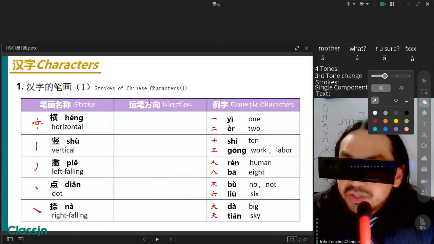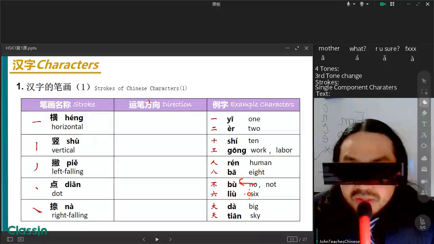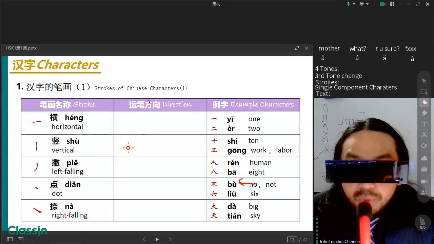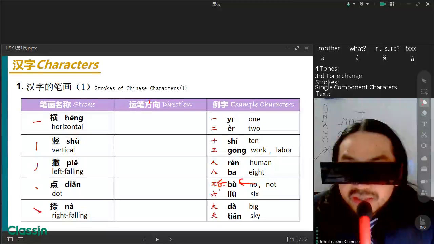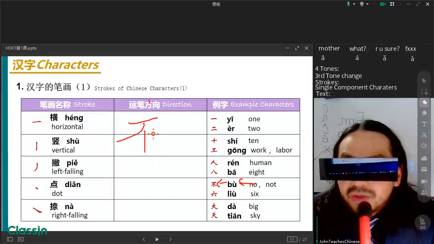So we have already introduced horizontal, vertical, left falling, right falling, and dot. For example, dot, we have this one, bu, which is the sound. It is written as horizontal, left falling, vertical, and a big dot.